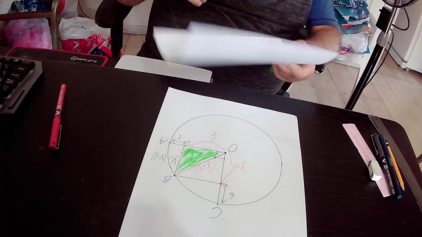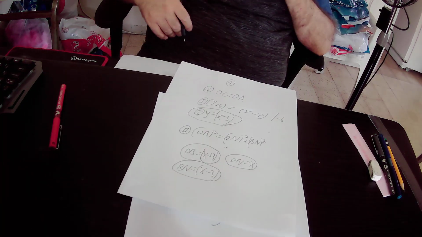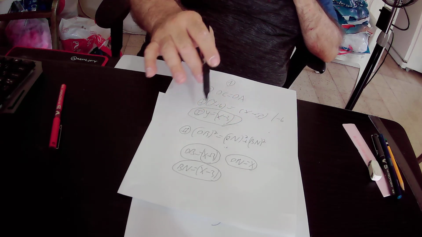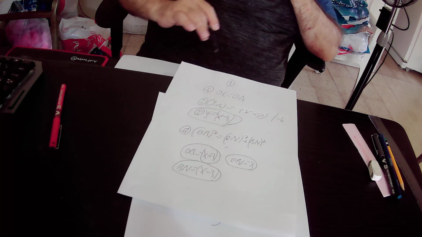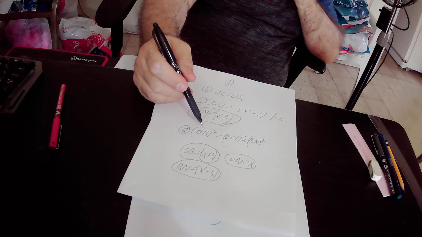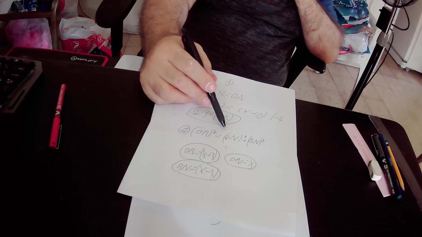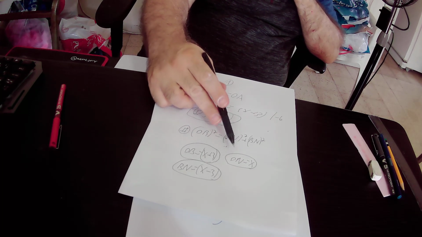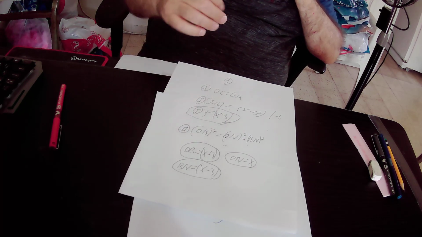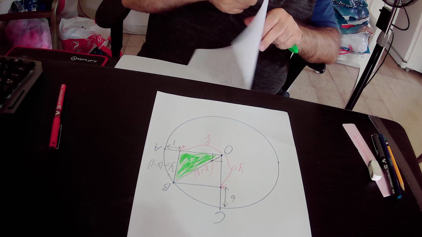Again, OB equals x plus 3, ON equals x, and BN equals x minus 3. So we can substitute OB by x plus 3, we can substitute ON by x, and we can substitute BN by x minus 3. Okay, so we'll do it now.